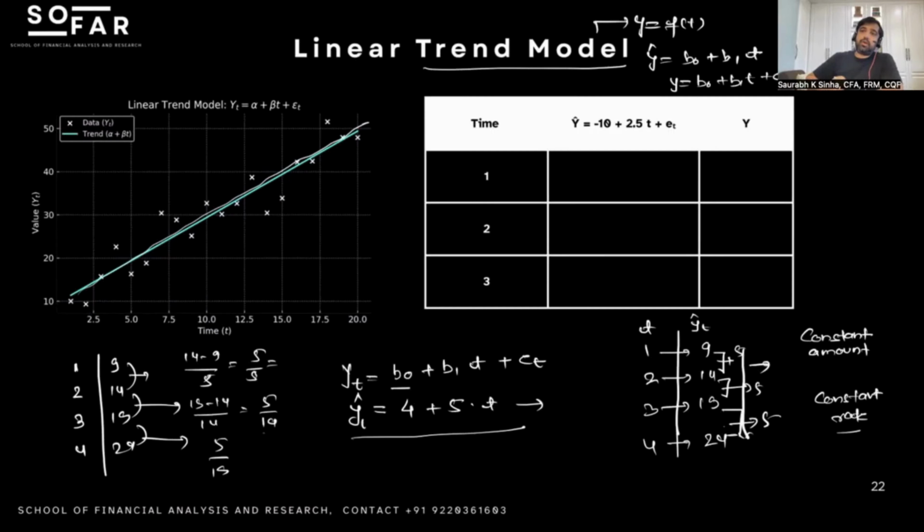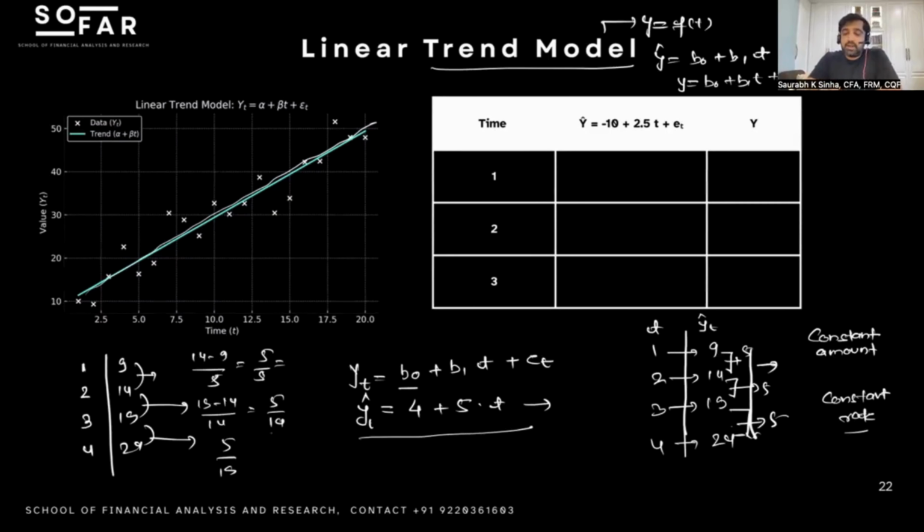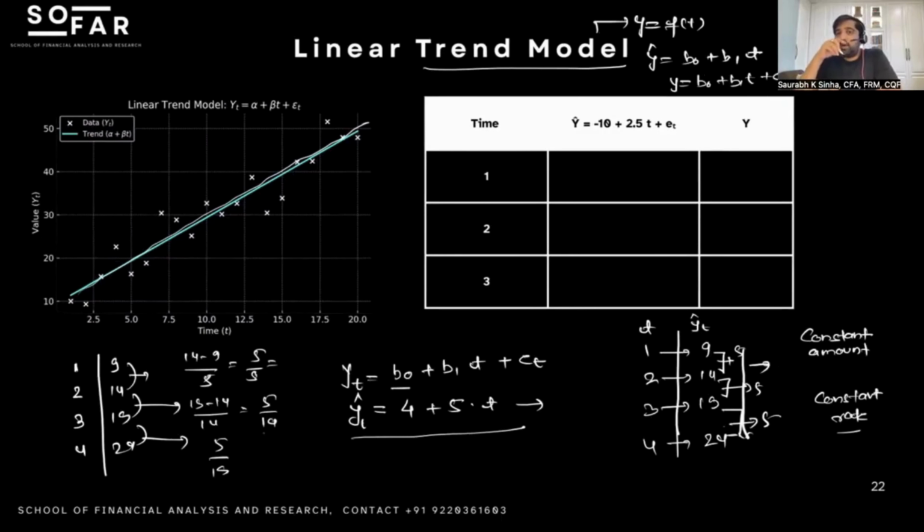So there could be a question in the examination whether the linear trend model has a constant rate or a constant growth amount. Let's try to fill these values: y hat is equal to minus 10 plus 2.5 into t, and actually there shouldn't be an error term because it is what it is. It is y hat.